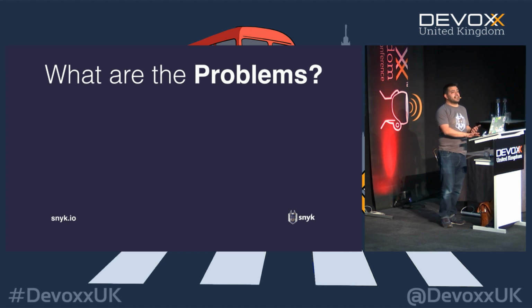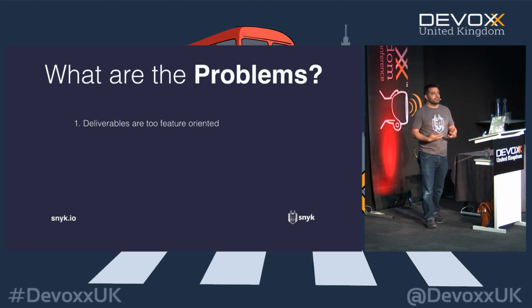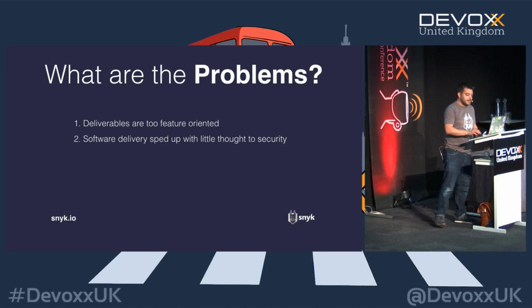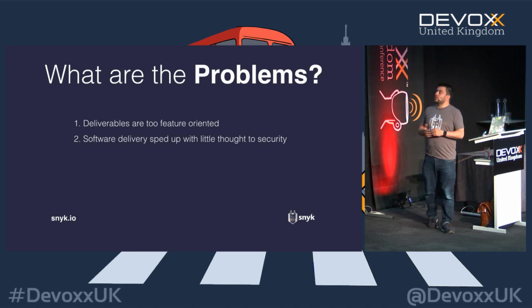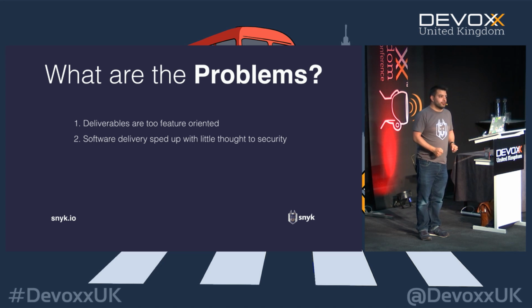The problem currently is that deliverables are typically too feature-oriented. When we're developing our code, we care too much about exactly what it's supposed to do rather than how it does it in terms of security or performance and a whole bunch of other things. The life cycle of delivery has got a lot shorter, and people are trying to deliver every couple of weeks, every week, daily maybe.